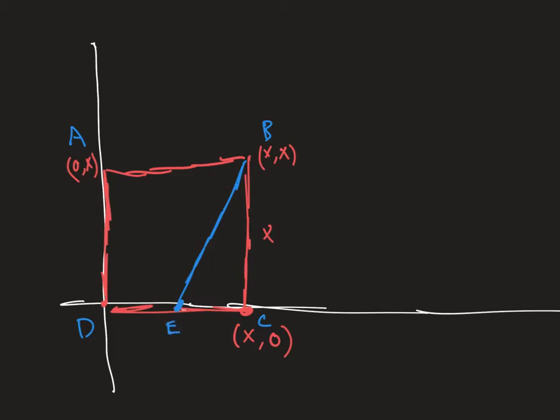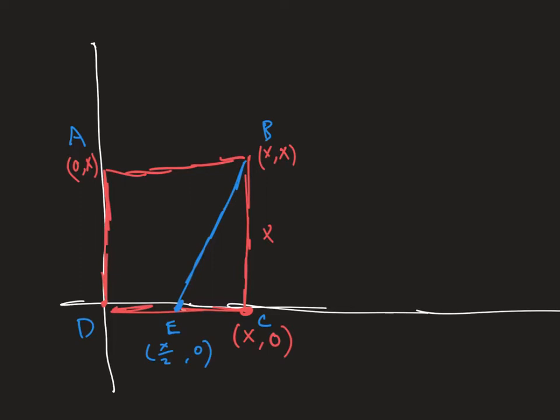I'll give you a moment to think. So we know that the coordinate of C is x comma 0. We know that E is halfway to C. So that means that E has coordinates x over 2 comma 0.